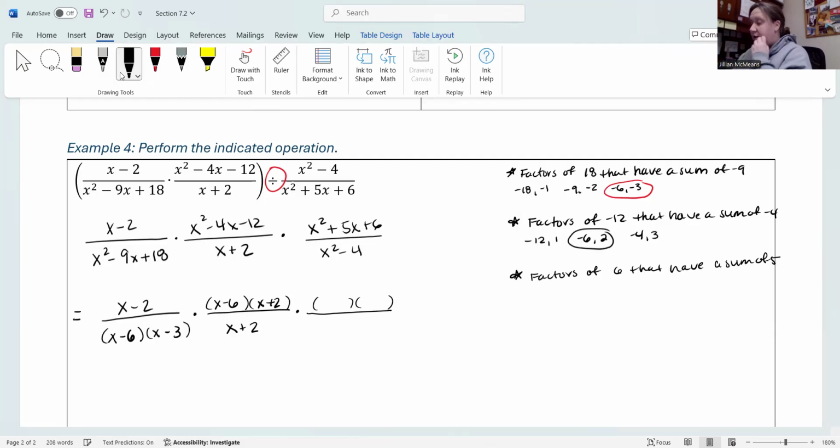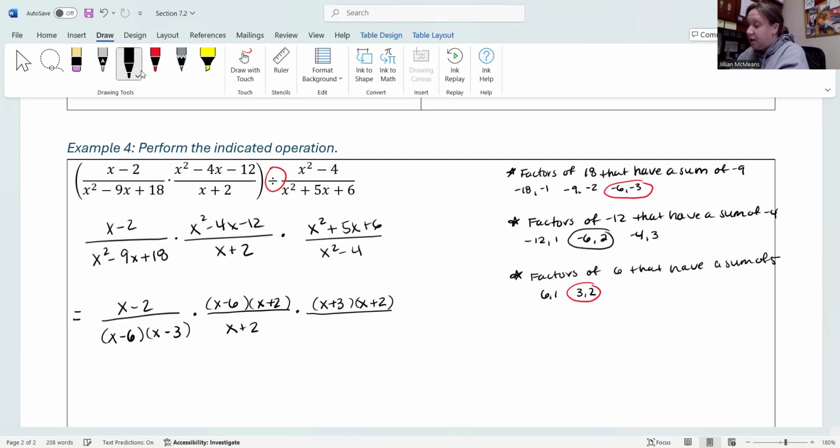In order to find factors of 6, both factors have to be positive or negative. And in this case, I need a positive sum, so we want both factors to be positive. So I could try 6 and 1 or 3 and 2. And the pair that's going to work here is 3 and 2. So I'm going to get x plus 3, x plus 2.